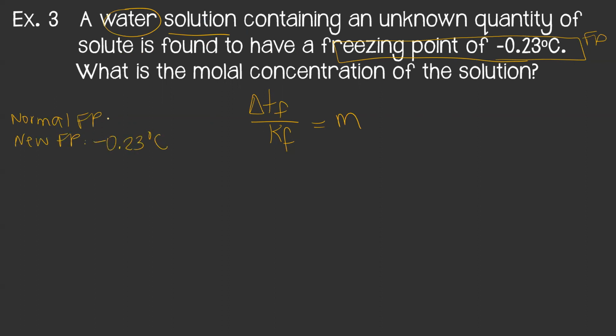My normal freezing point of water from that chart, you don't have to find it, look it up, it's in the chart, is 0 degrees Celsius. I'm going to subtract my new freezing point, and I get a difference of 0.23 degrees Celsius. So that's delta TF. Has to be a negative number.